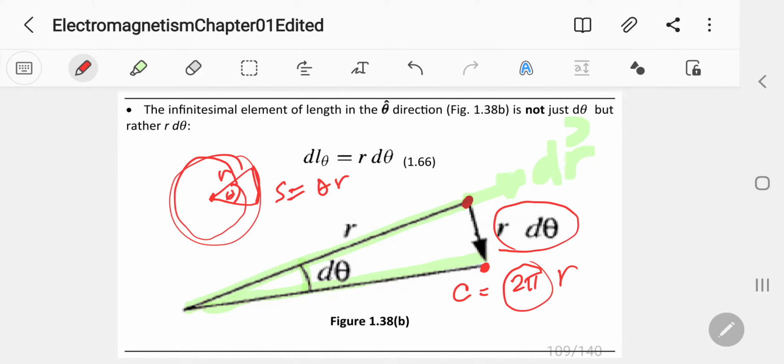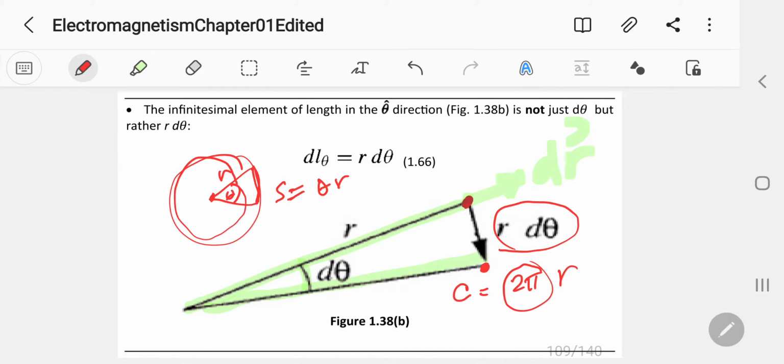And your dA would be this one. For example, here you have r sine theta d theta dr for the direction r hat. For the direction theta hat, what would that be?